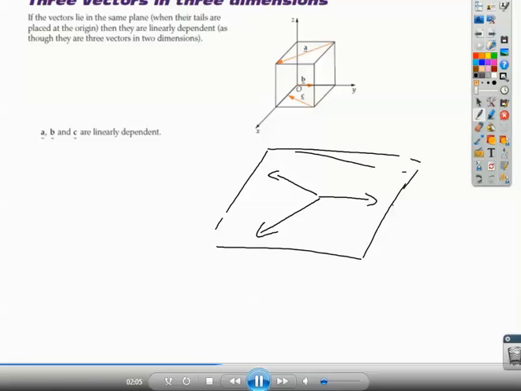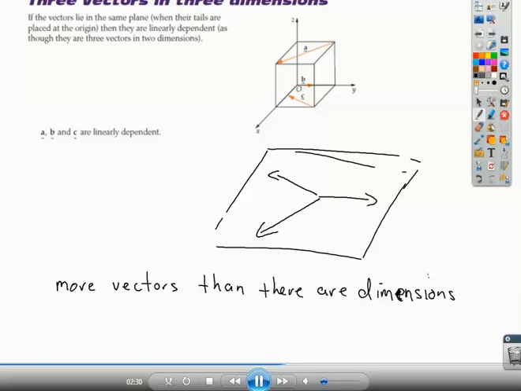I've got 2 dimensions and 3 vectors. If you have more vectors than you have dimensions, then they're always linearly dependent.